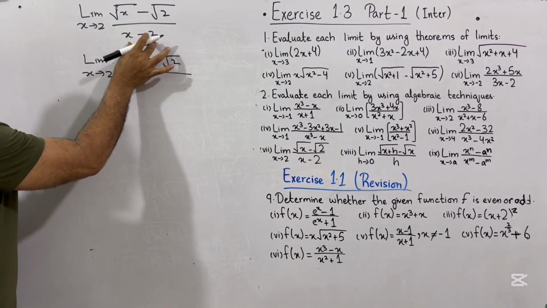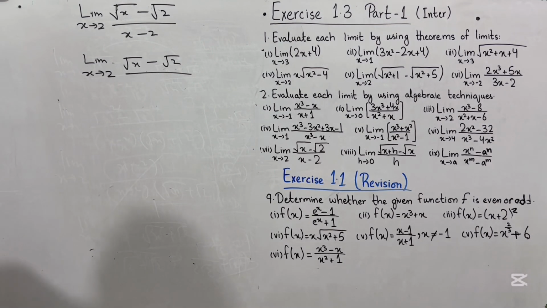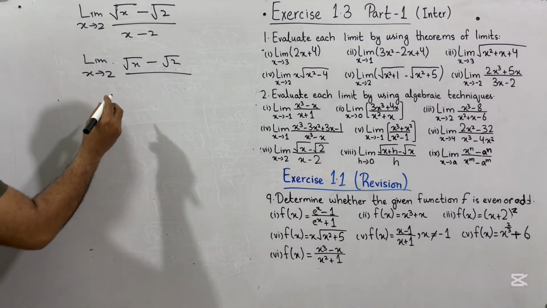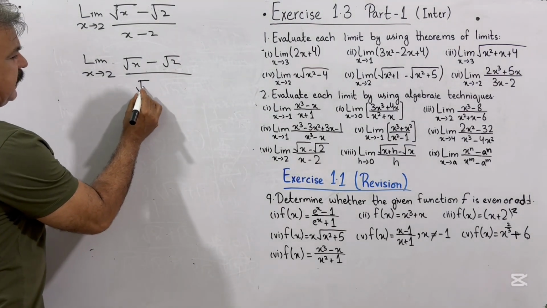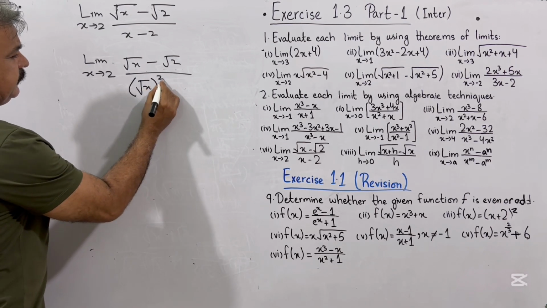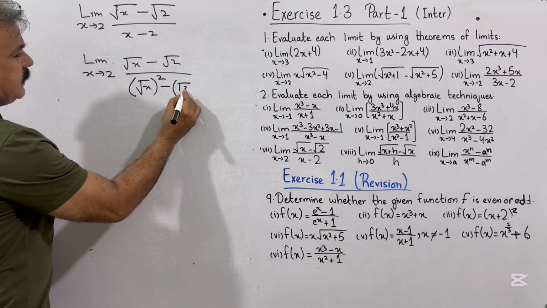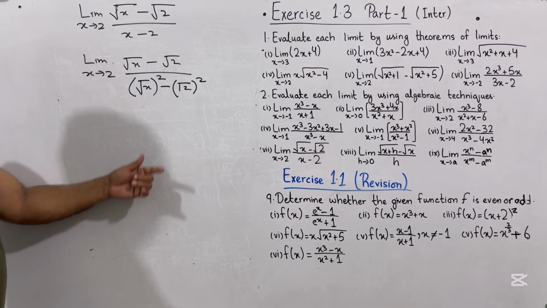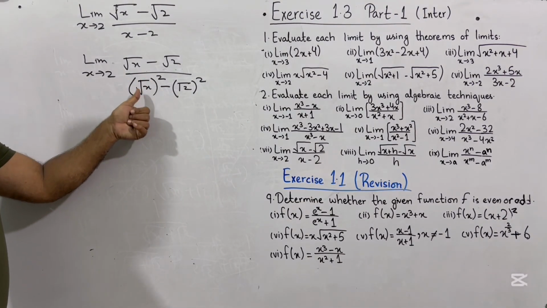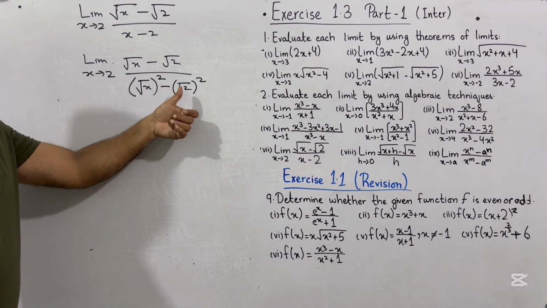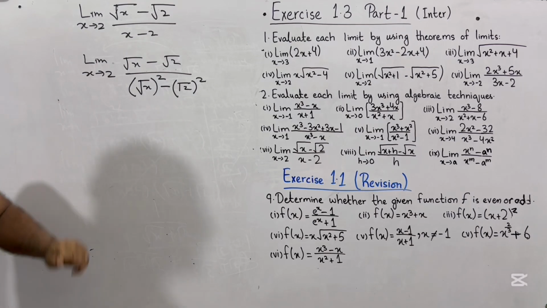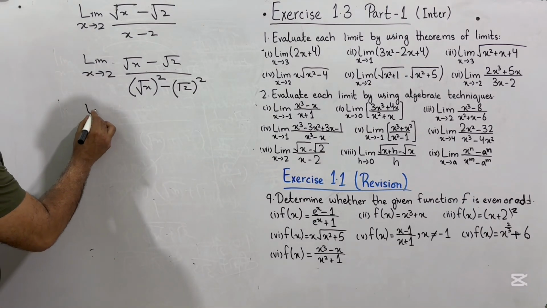This x minus 2 is fit for applying the difference of 2 squares. Instead of x, I can write root x square, and 2 can be written as root 2 square. Square of root x is x, square of root 2 is 2, fit for difference of 2 squares.